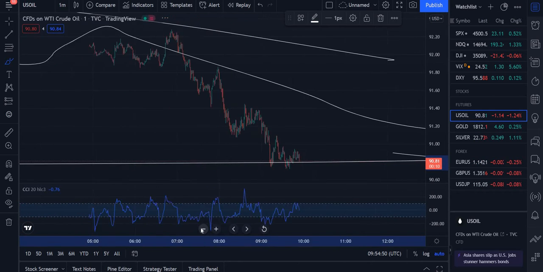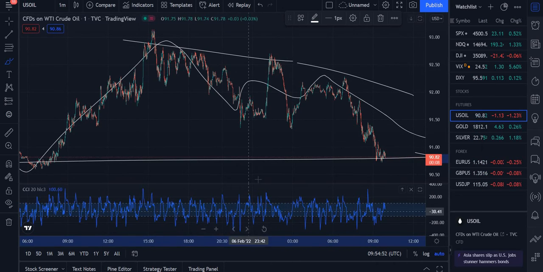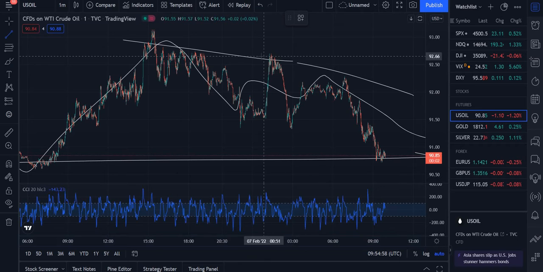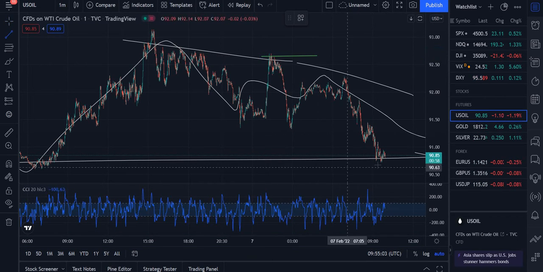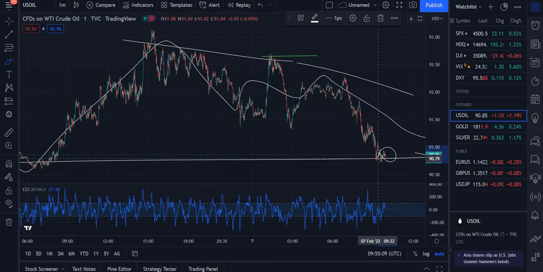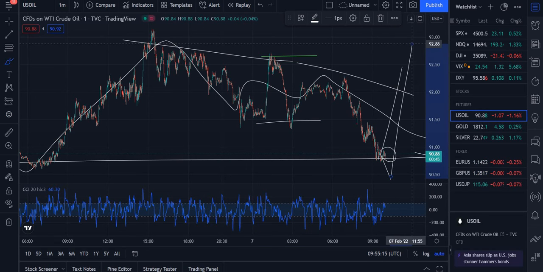For now, I'm not really finding a nice entry, but if we check the minute chart, the highest point today was 92, and now we already fell from 92.7 to 90.7, which is roughly $2, which often means that here we will go higher again or fall $1 lower and then go higher.